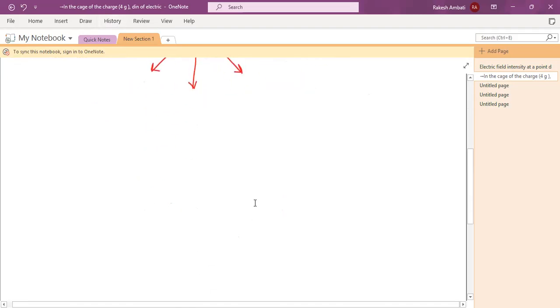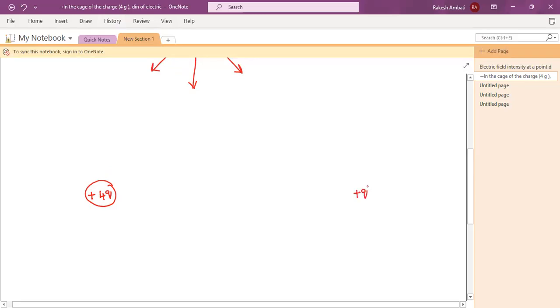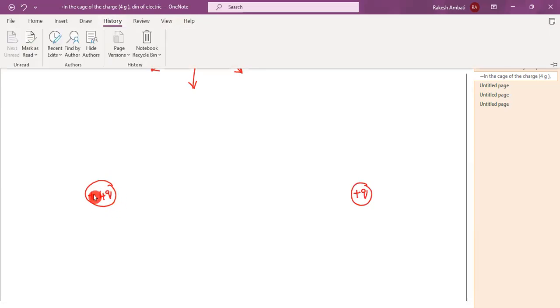For example, here we have plus 4q, an isolated positively charged particle. In the same way, we have one more positively charged particle with charge plus q.